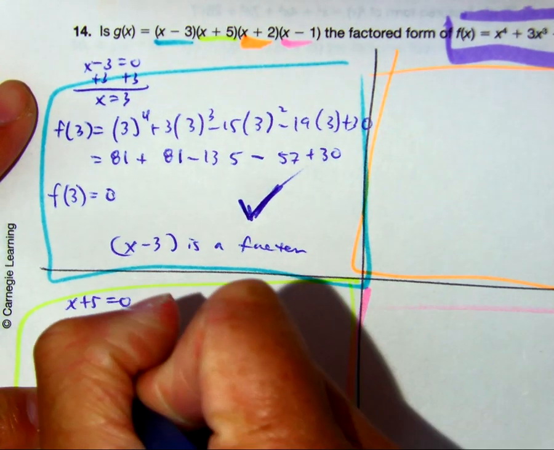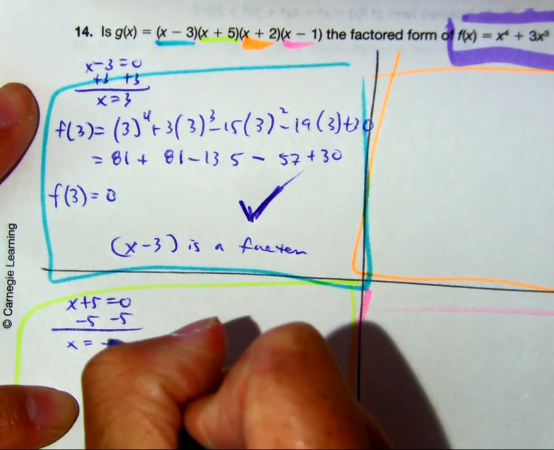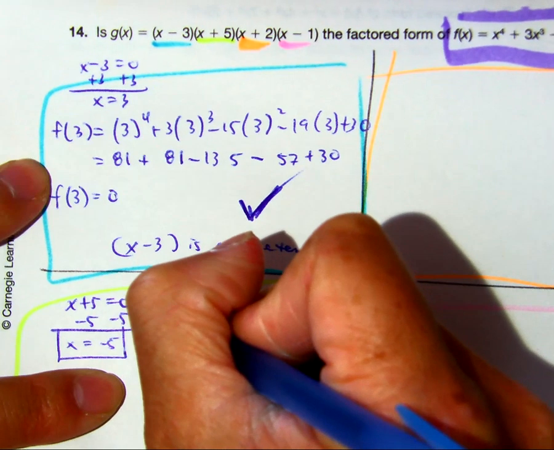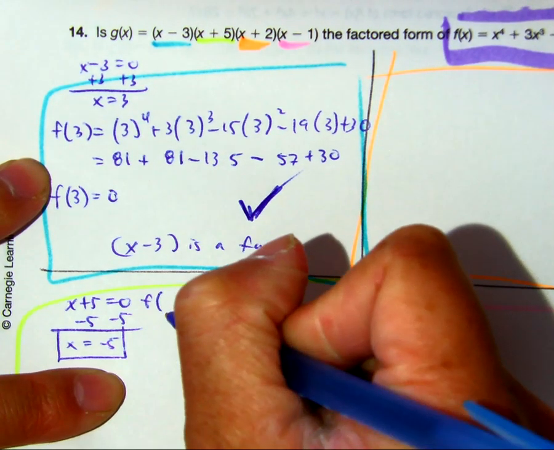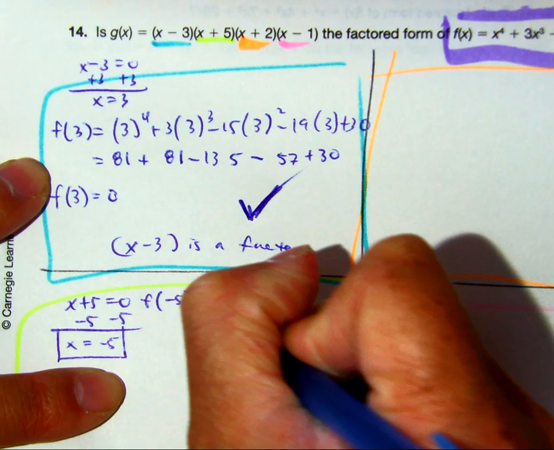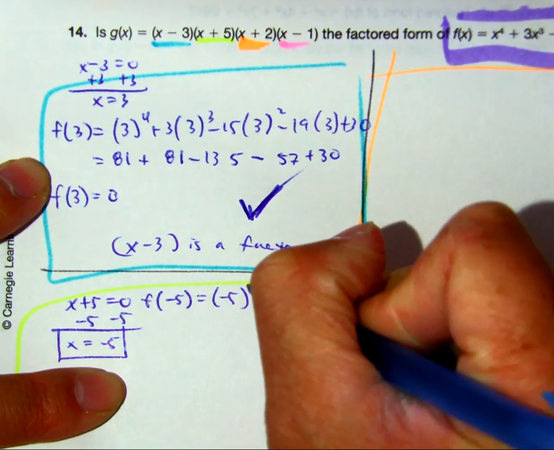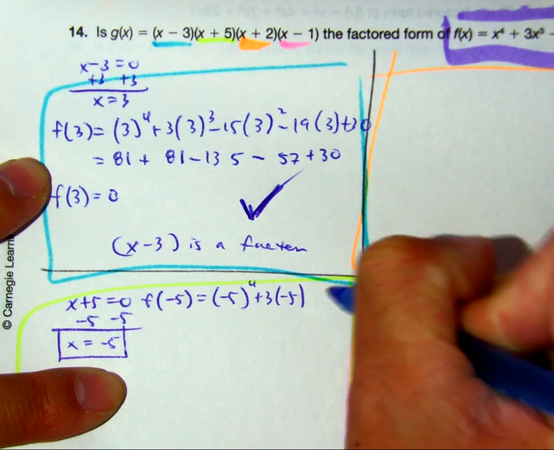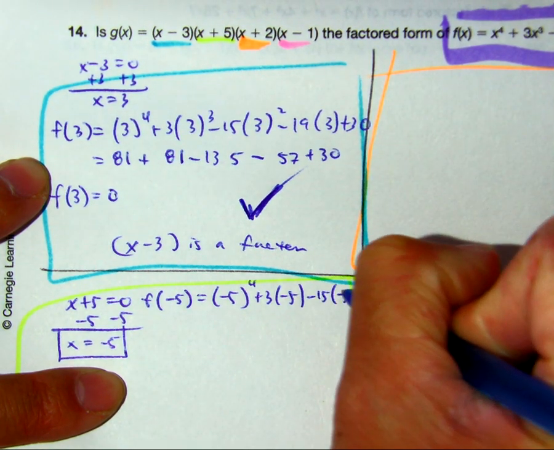That means I'm going to substitute into my equation x equals negative 5. So if I put that into my equation, the one in purple from above, every x value I'm putting in negative 5.